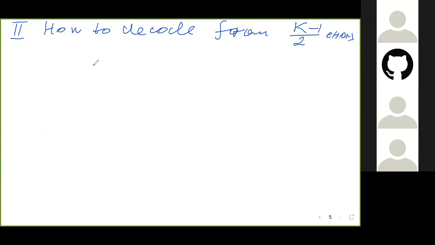So the algorithm is the following. Our input is some corrupted code word tilde x. Now we have one large while loop.